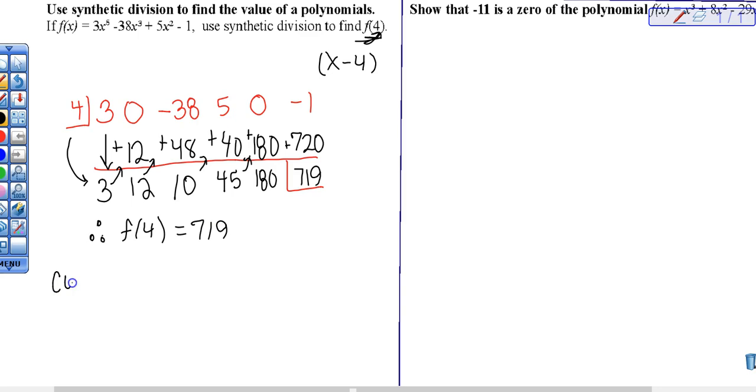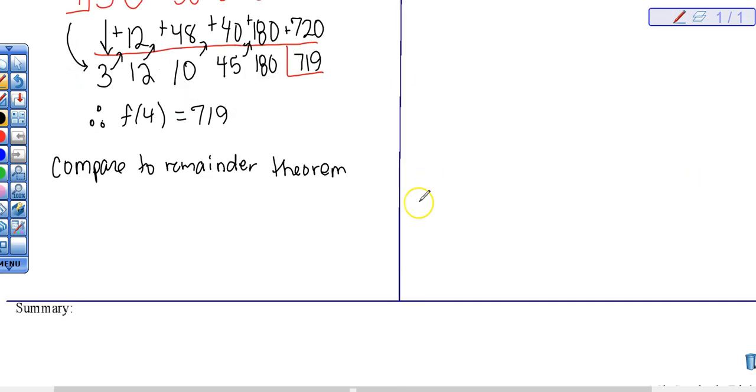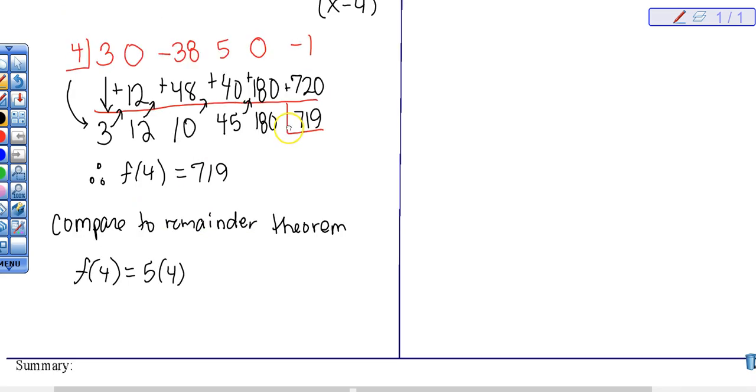So let's compare it to the remainder theorem. Because remember that I've told you that you will be using the remainder theorem on your test. You will also be using synthetic division. But let's compare it to the remainder theorem that says I can just plug the 4 into the problem. So what was it? 5 times, or is it 3? 3.